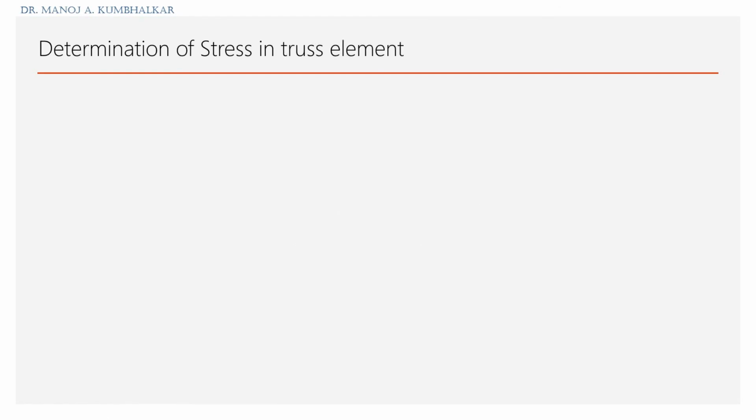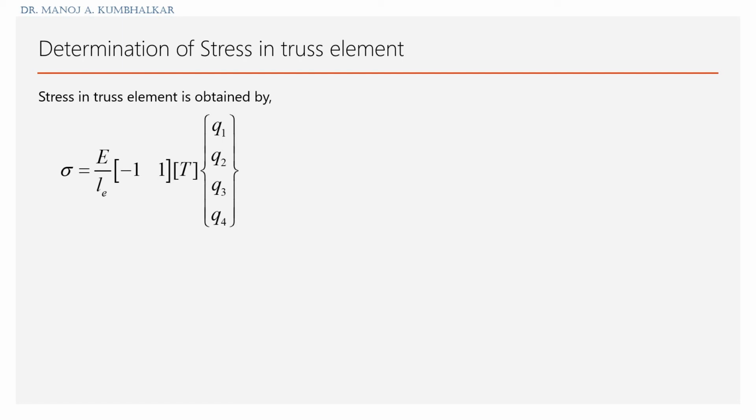Then how to determine the stresses in the truss element? So, again we will use the basic equation for the stress in the element, which is nothing but E into B into Q. So, E is the modulus of elasticity, B is the strain displacement matrix, which is nothing but 1 by LE times minus 1 1 into the transformation matrix into Q, that is the global displacement vector, Q1, Q2, Q3, Q4.